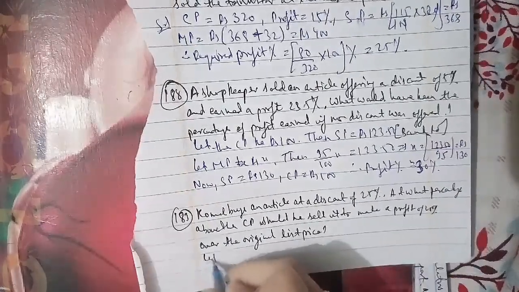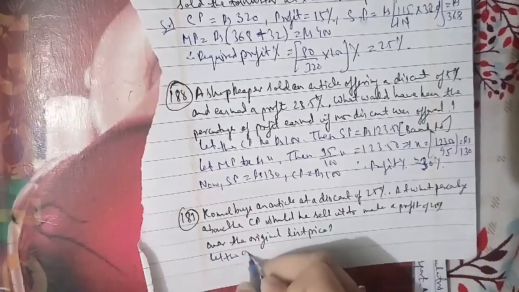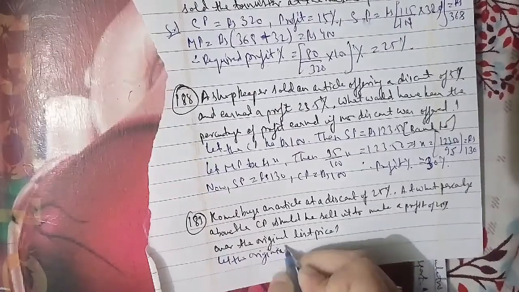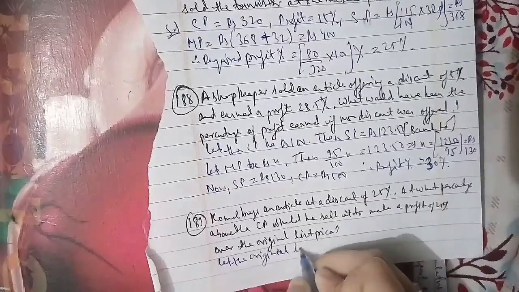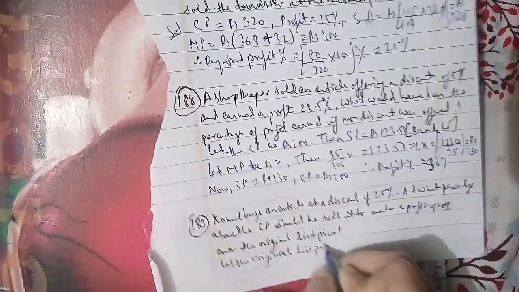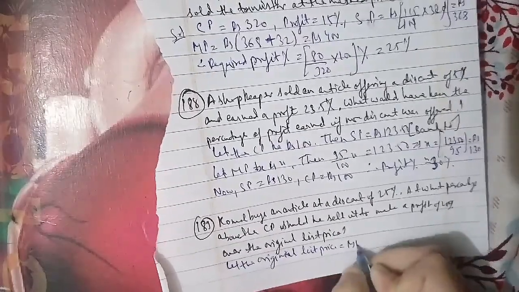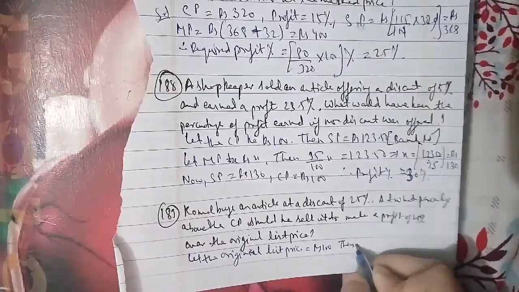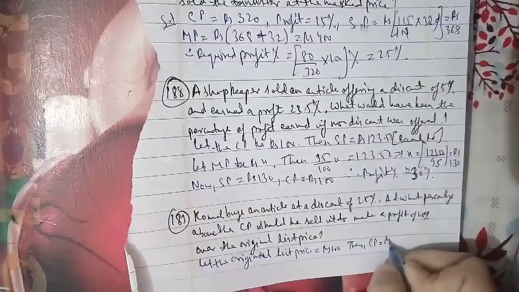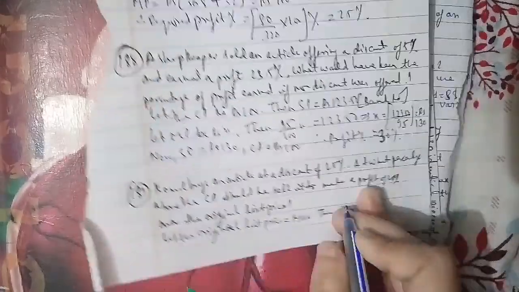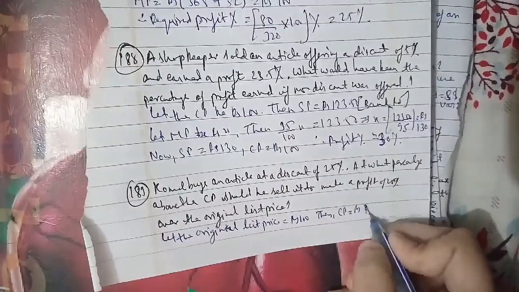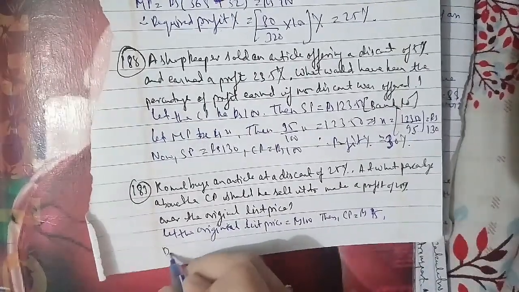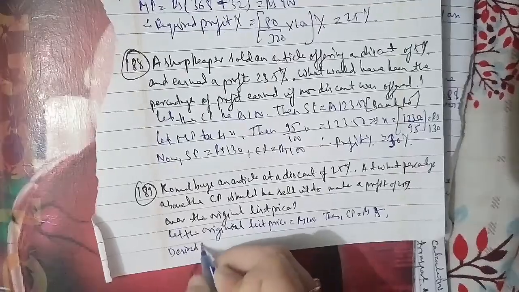Let the original list price equal rupees 100, then cost price is equal to rupees 75, and desired selling price equals rupees 125.